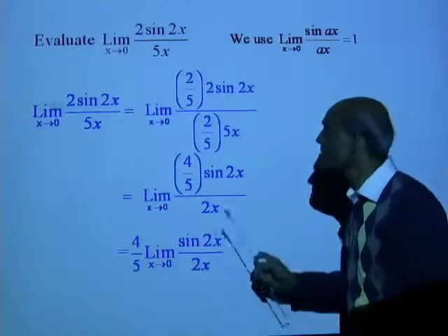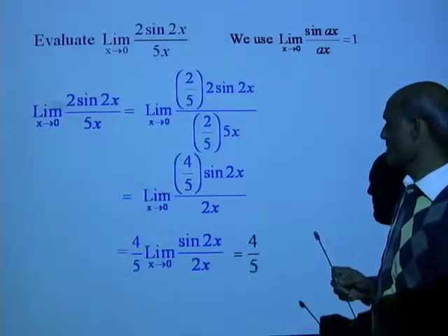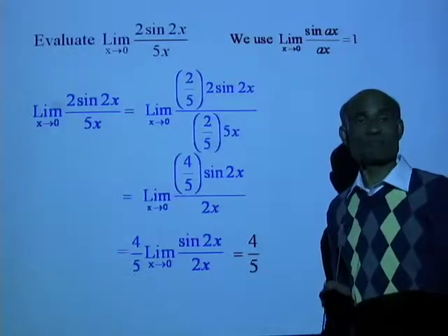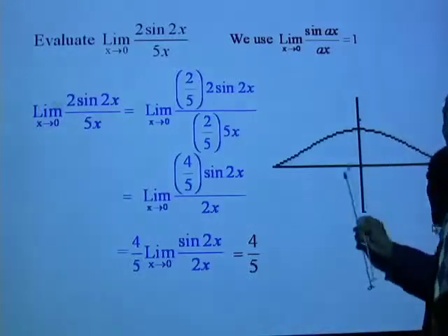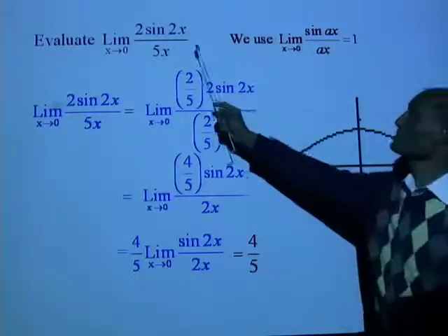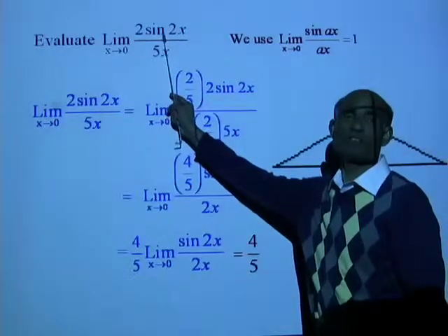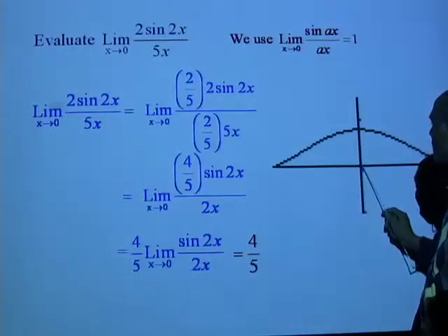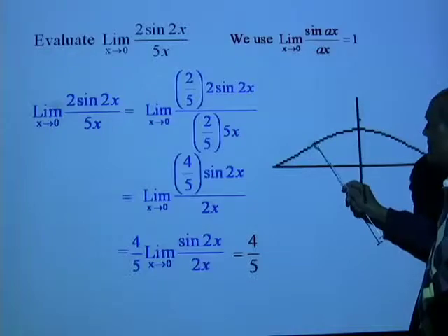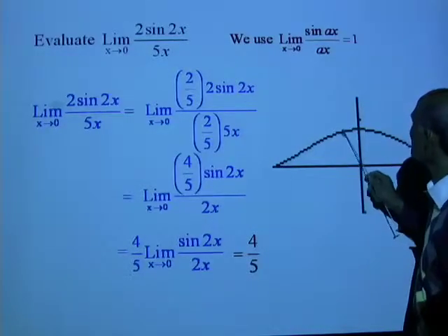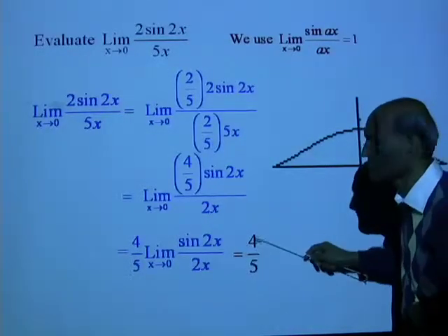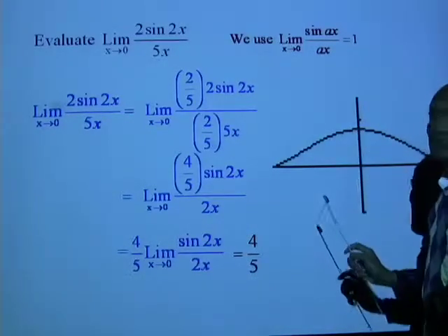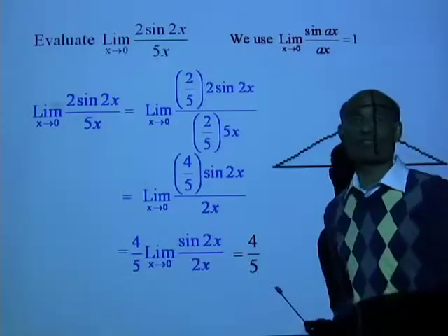So what is the limiting value of that function? That will be 4/5. Alright, look at the graph of that. I drew the graph of this on the calculator. You can do that on your own. You can see as x gets closer and closer to 0, the value of the function approaches 4/5. That's 4/5, that's 1 there. So the limiting value is 4/5.